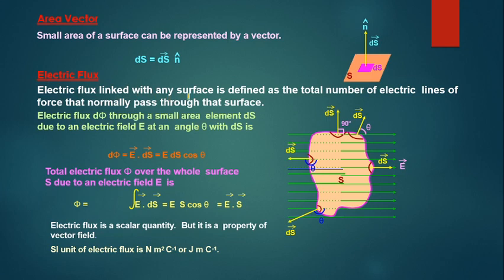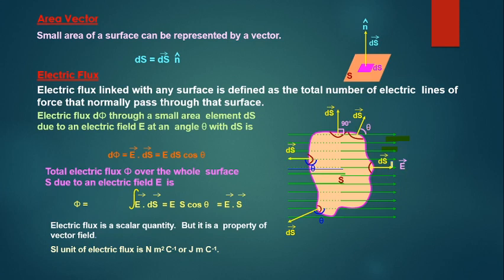Electric flux linked with any surface is defined as the total number of electric lines of force that normally pass through that surface. This surface S is placed in an electric field. The electric field is along this direction, with equal spacing in the lines meaning a uniform electric field, and in that field the surface element ds is placed making some angle theta.